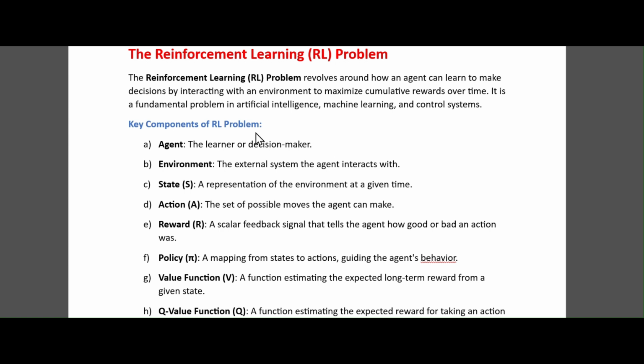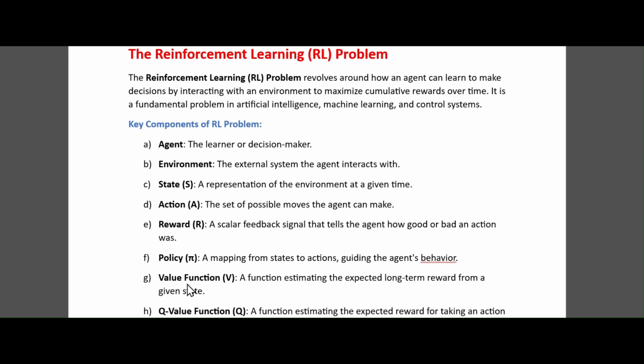The components are: the agent, a decision maker or learner that interacts with the environment; the environment, an external system that responds to the agent's action; the state, a representation of the environment at the given time t; the action, the set of all possible actions taken by the agent; the reward, a feedback signal that indicates the desirability of the agent's action; and the policy, a plan or strategy that maps from states to actions and guides the agent's behavior.